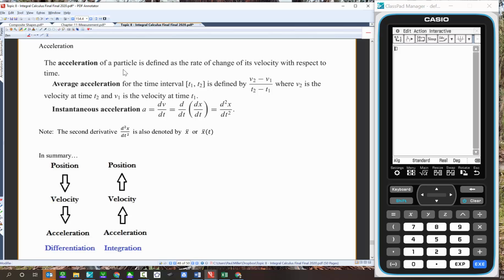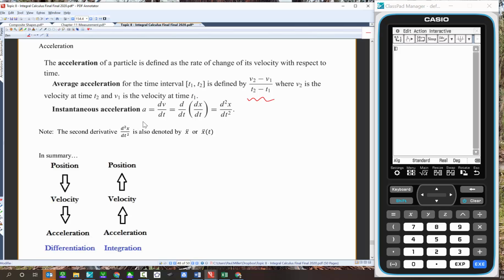Finally, what we have is acceleration. Acceleration of a particle is defined as the rate of change of its velocity with respect to time. Average acceleration can be found by looking at the velocity function: we grab 2 points on the velocity function, work out the gradient, and that gives us the average acceleration.